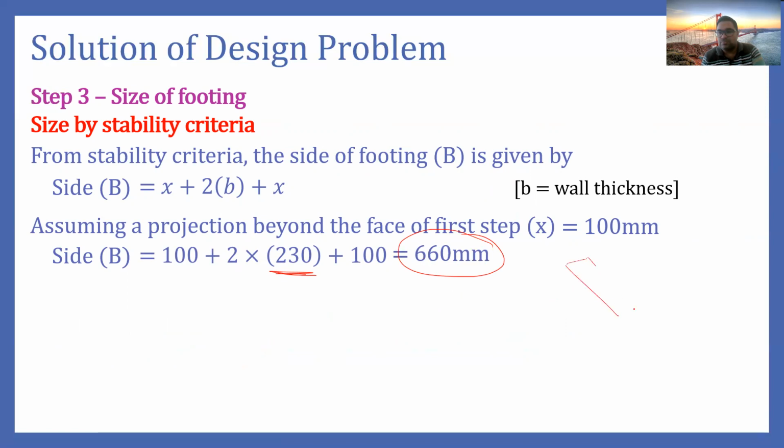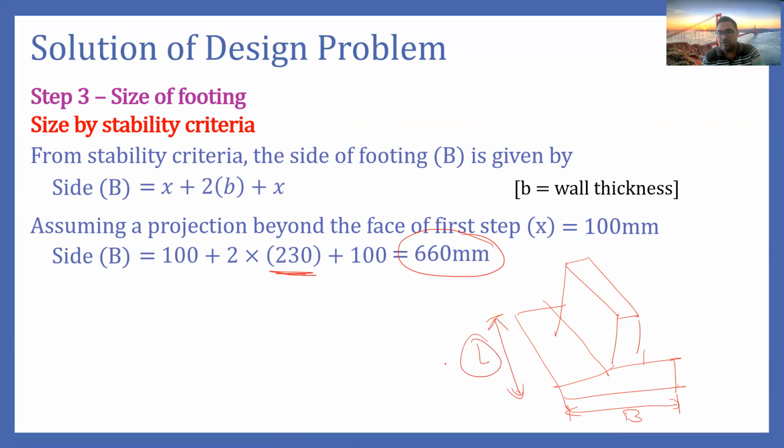So say this is the wall foundation, and this is the footing. So that becomes B, and the length we already know, which is 1 meter. We have now calculated the value of B as 660, and as you can see, this B value is higher than the value of B calculated in the size by calculation.